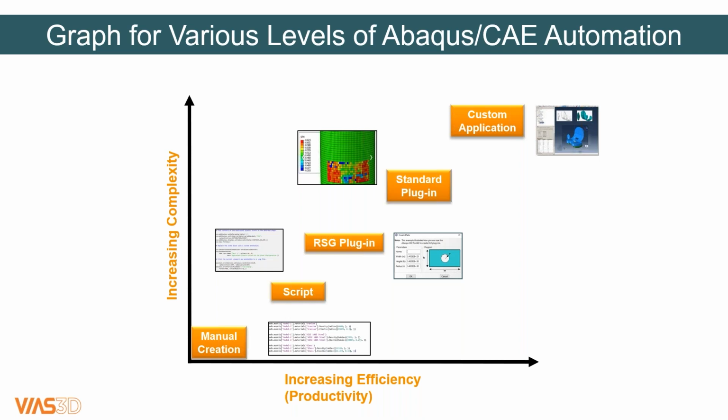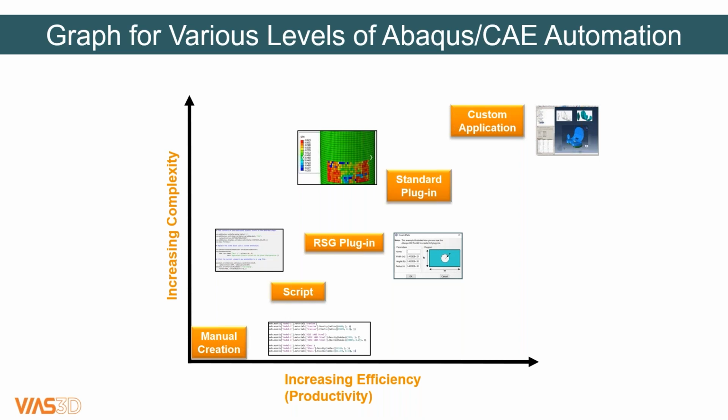If we look at the very bottom corner, what I call manual creation, that's when you manually interact with the Abaqus CAE GUI, and you create all of your finite element model, your parts, mesh, everything by hand by clicking through everything, which is fine for simple models, assuming that you're only going to do it once. But as you become more experienced and start building more models or testing more things or want to run sensitivity studies, you may want to get into some type of automation.